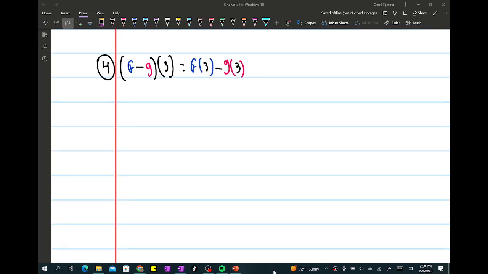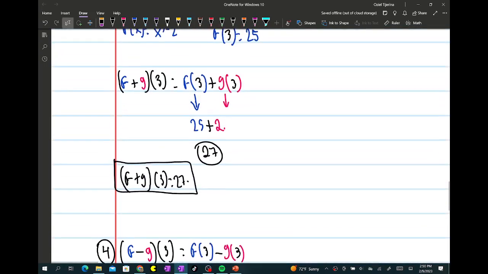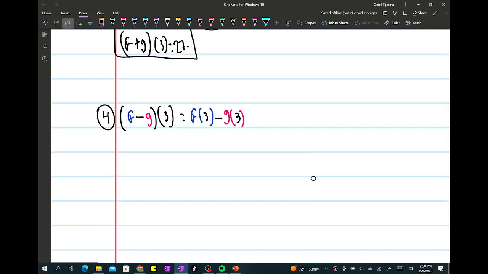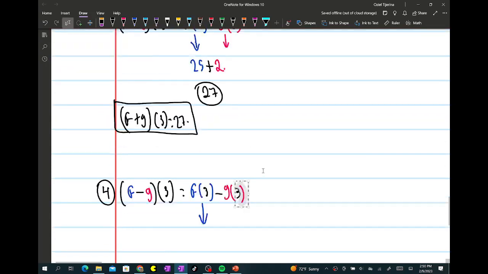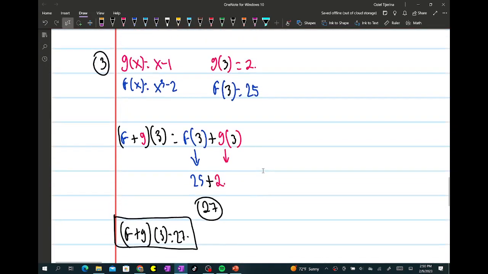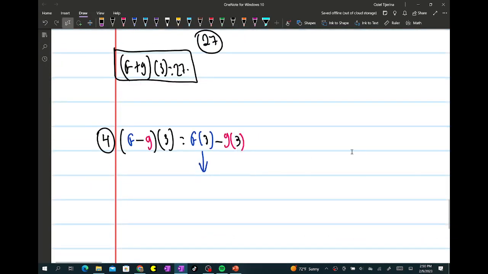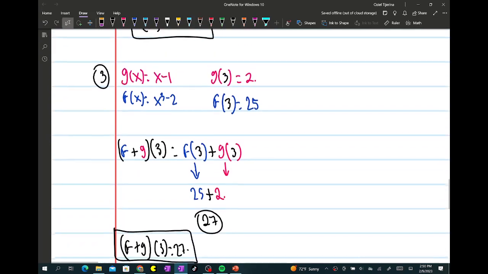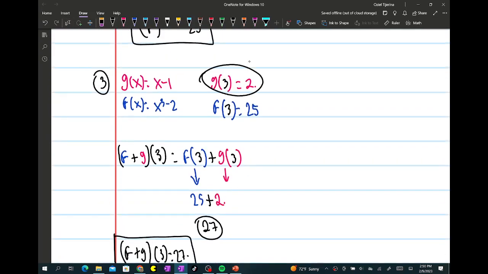Okay, so for this one, we have f minus g of 3. So again, we know what f of 3 is, we know what g of 3 is. f of 3 is going to be 25, excuse me. So it's 25, and then minus g of 3, which is right here, is going to be 2.